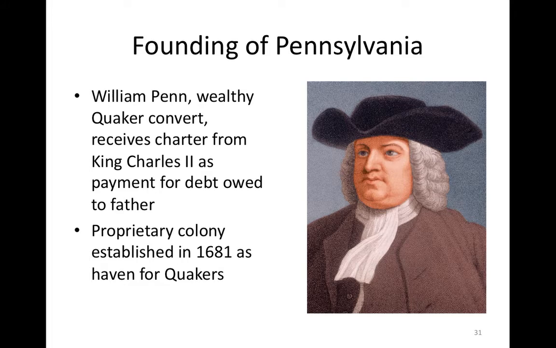It's yours if you just consider the debt repaid that way. And so Pennsylvania became a proprietary colony owned by William Penn and his family in 1681, and was quickly established as a place for Quakers to go to practice their religion without having to worry about the government curtailing their religious freedom.